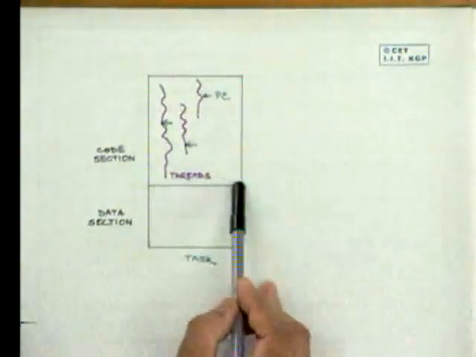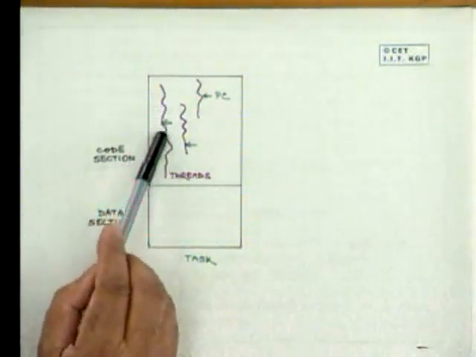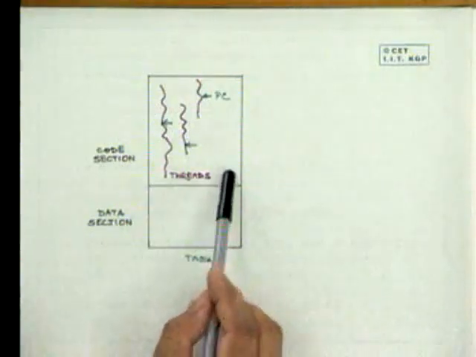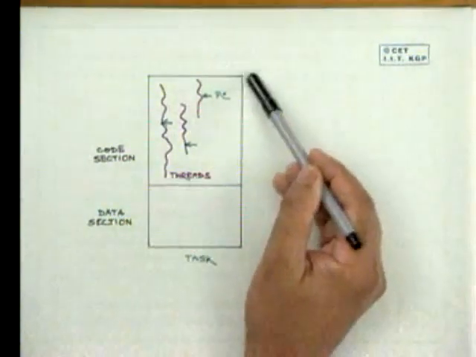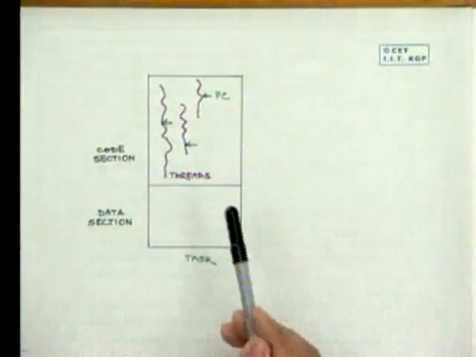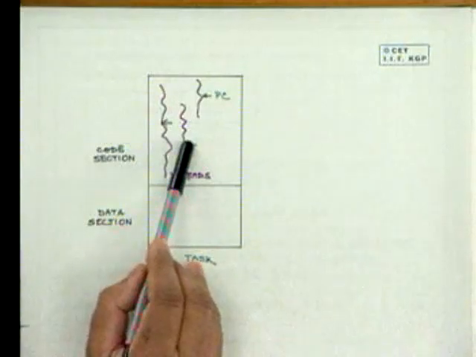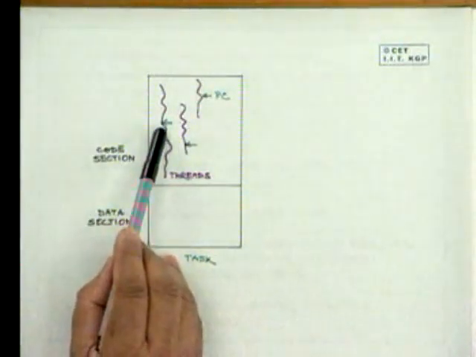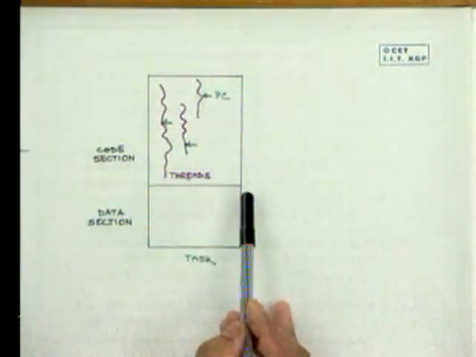This is a code section. The thread is essentially a different execution trace within the same code section. The data section is shared, the code section is shared. If one switches from one thread to the other, one has to switch from one register set to the other register set, but no other things have to be saved.